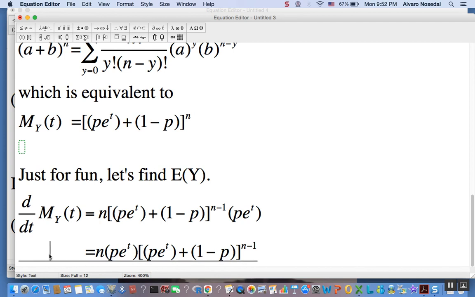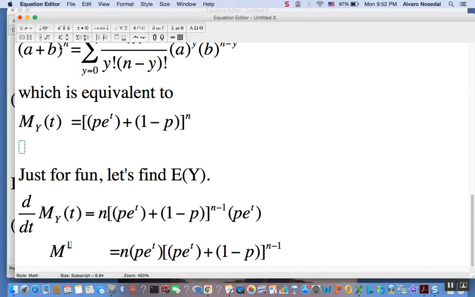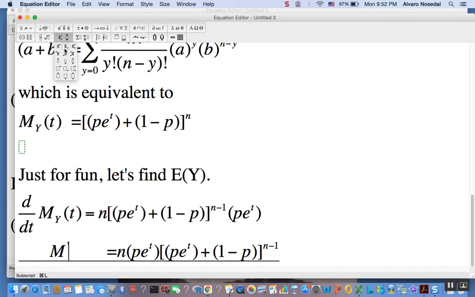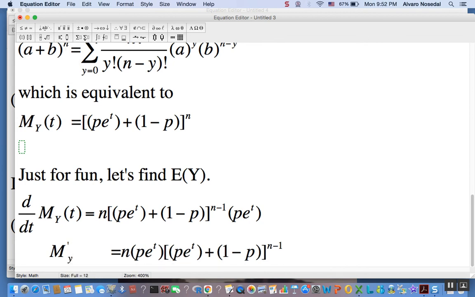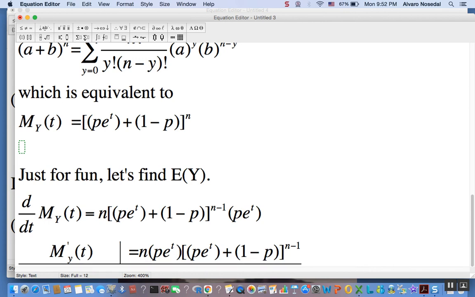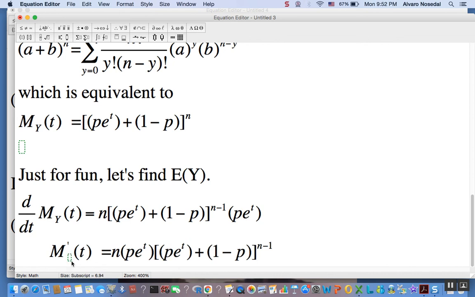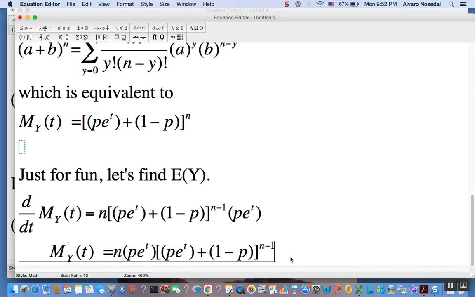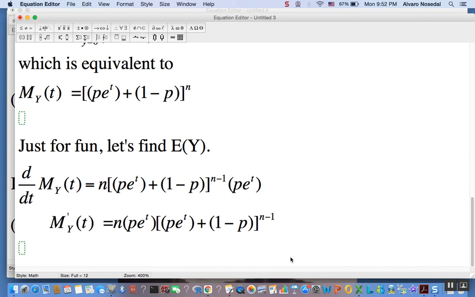And let me just use a different notation here. I just wanted to underline that we were taking the derivative with respect to t. Let me use this notation here, and this should be a capital Y to be more consistent with the notation.